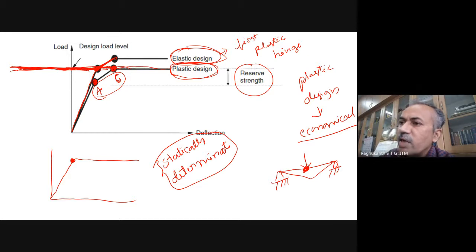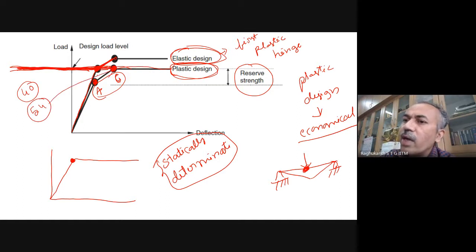In elastic design, formation of the first hinge itself is your design load. In plastic design, the formation of the second hinge, the collapse, is your design load. In the previous problem, the first hinge formed at 40 and the second hinge at 54. So the design load in plastic design is 54, whereas the first hinge is at 40 itself. So we are utilizing the reserve strength.